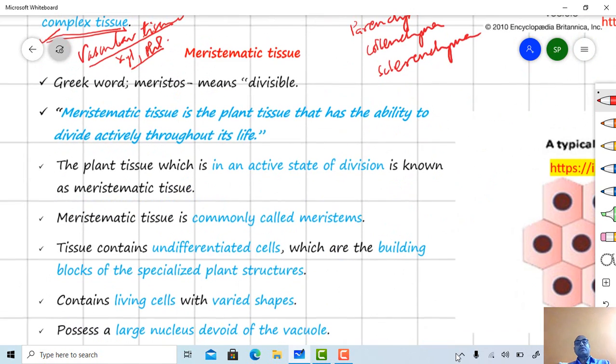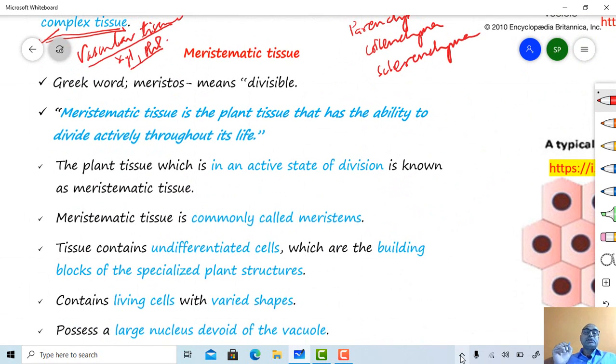The word meristematic is formed from meristos, a Greek word which means divisible. And what is meristematic tissue? Meristematic tissue is the plant tissue that has the ability to divide actively throughout its life.